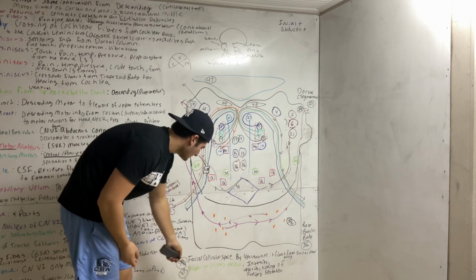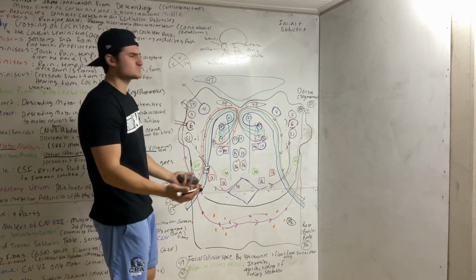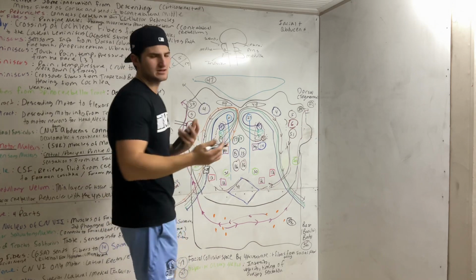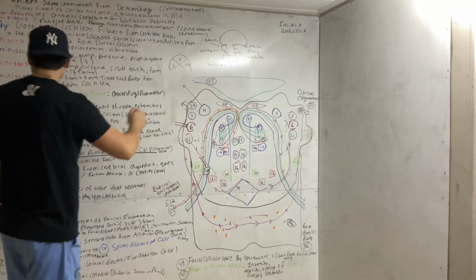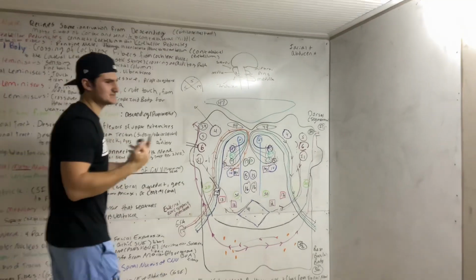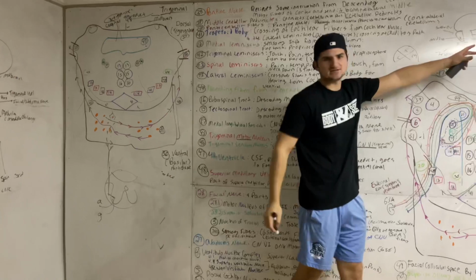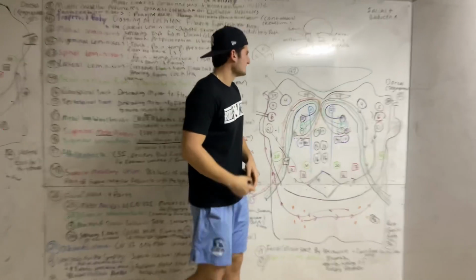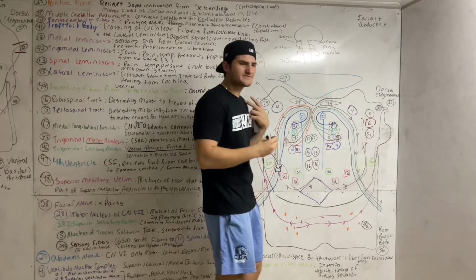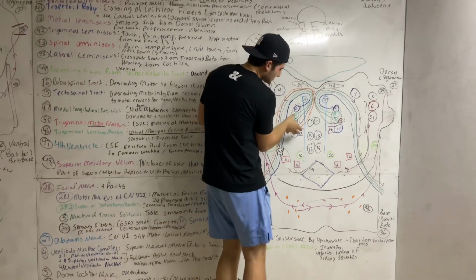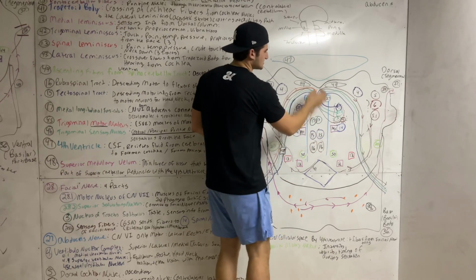Fine. The last one I skipped, 49, is the facial colliculus space. Why did I skip him? I don't know. But 47, right? We said 47 was the fourth ventricle, and it was in both the trigeminal region and in the facial and abducens region. Now, in the facial and abducens region, what's different? We have the facial nerve fibers going around the abducens.